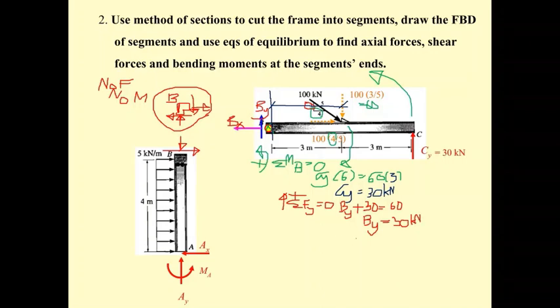And then the last one, use summation of F sub x equal to 0. That means at this time the B sub x over here is, let's say, plus, so the B sub x is going to be 80.